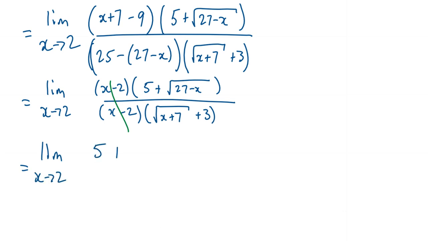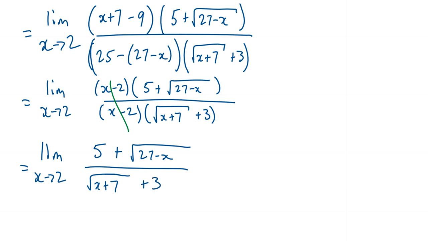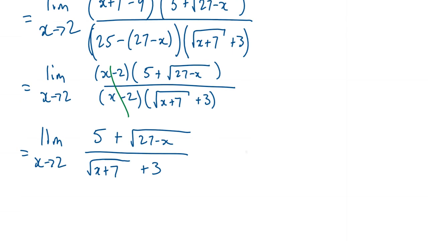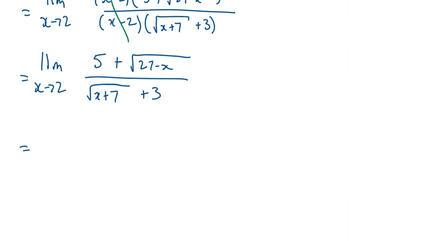I've divided it out. Now I get 5 plus the square root of 27 minus x over the square root of x plus 7 plus 3. So this is 27 minus 2, which is 25. Square root of 25 is 5. 5 plus 5 is 10. I can already see it's not indeterminate anymore, so I can sub in.